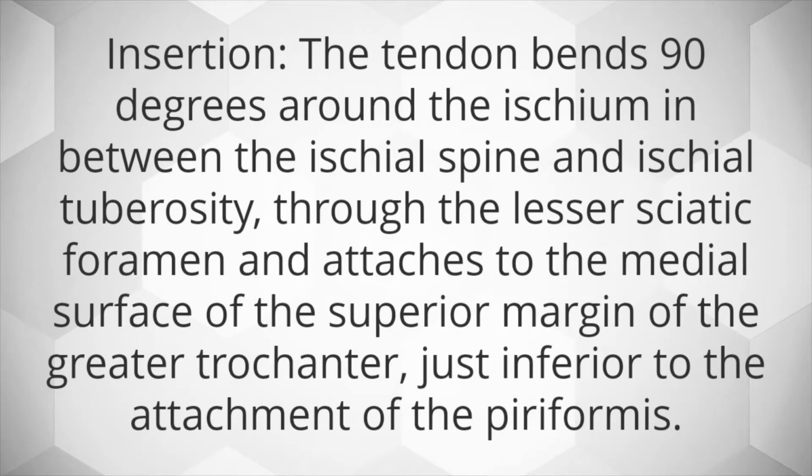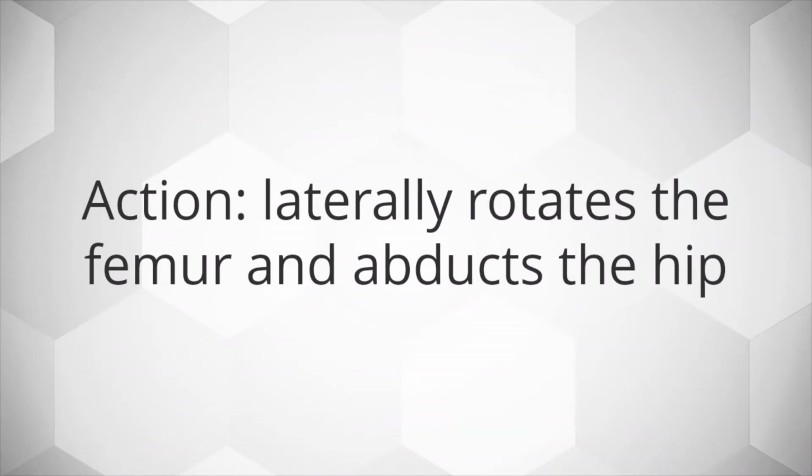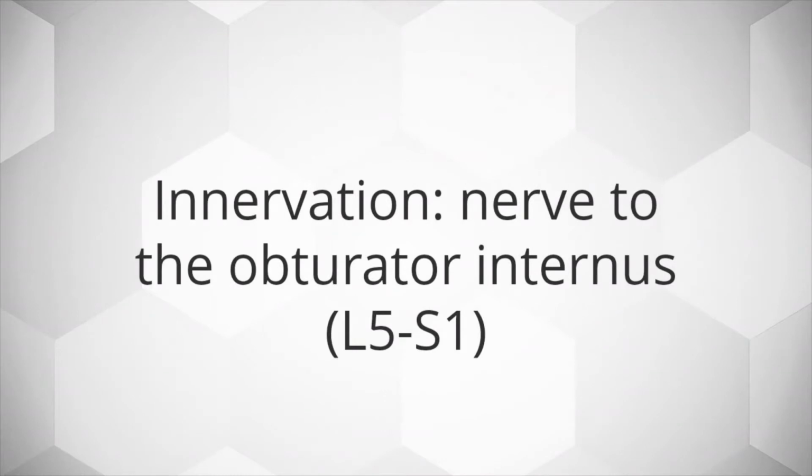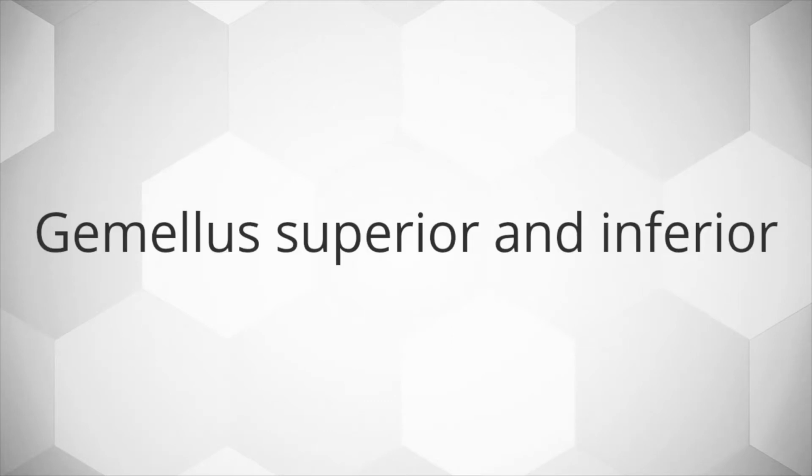The tendon of the muscle bends 90 degrees around the ischium, in between the ischial spine and the ischial tuberosity, through the lesser sciatic foramen. Its action is to laterally rotate the femur and abduct the hip also, and its innervation is the nerve to the obturator internus, which is also a branch from the L5, S1 spinal nerve roots.